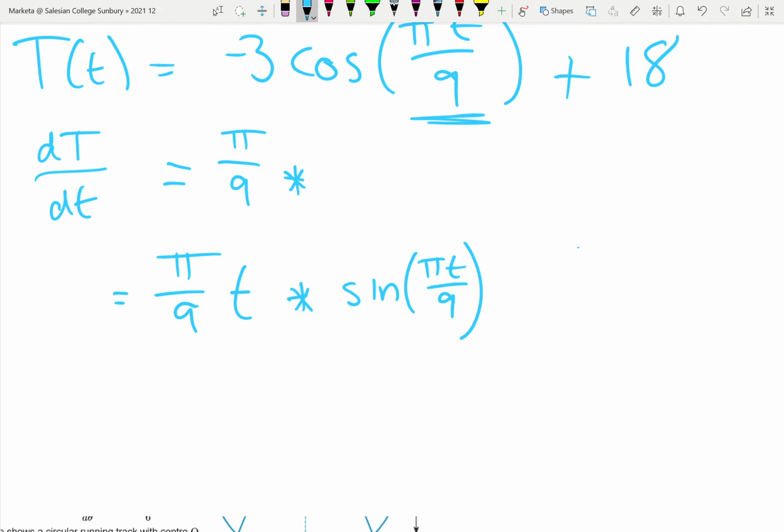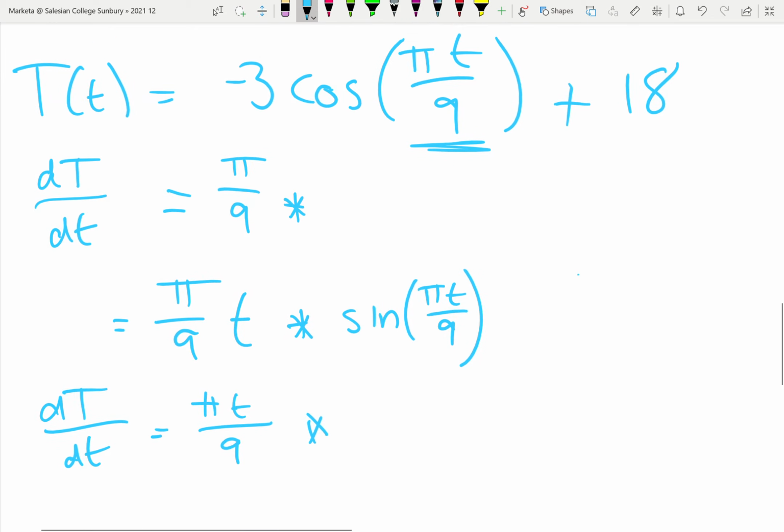So that means we've got dT on dt is going to be pi t on 9 times, and hold on, I think I just got rid of the negative 3.